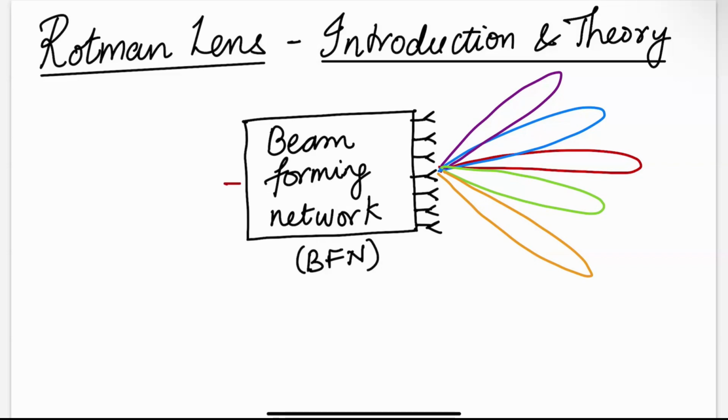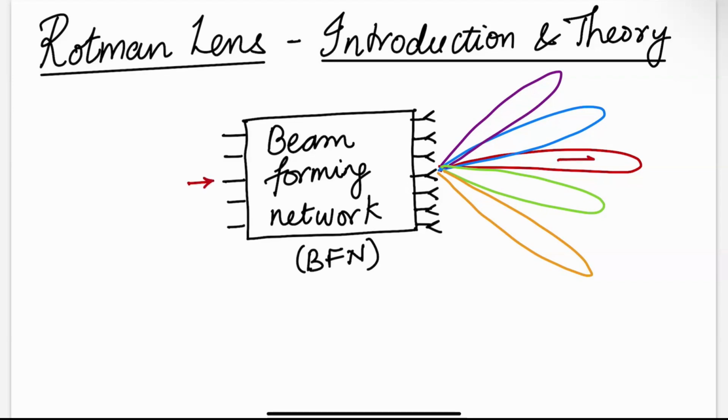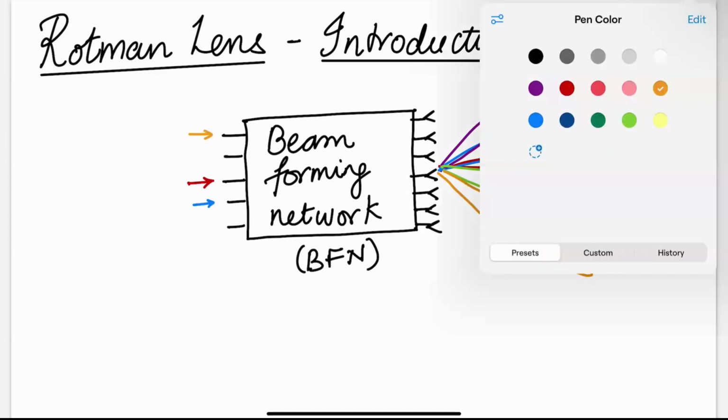In this case, I want 5 discrete beams, so I would have 5 inputs: 1, 2, 3, 4, 5. If I put a signal into this port at the input, then I get this beam. If I use this port, I get this beam, and so on.